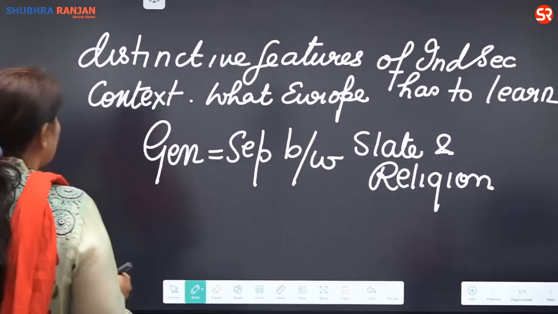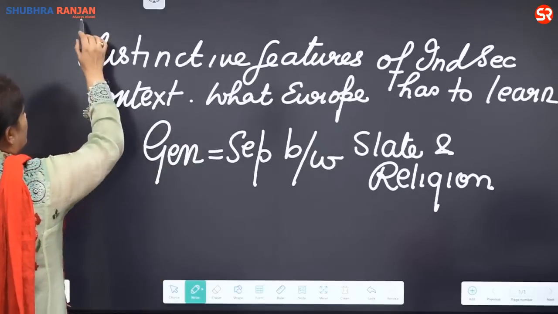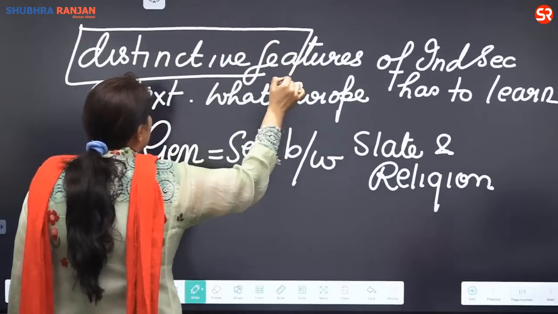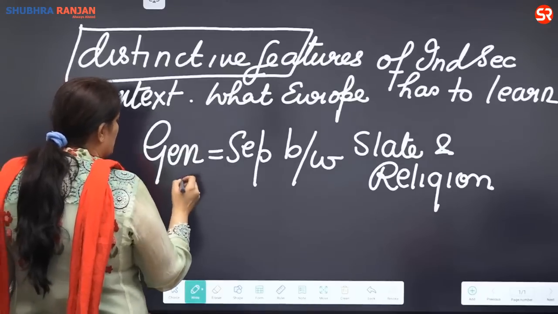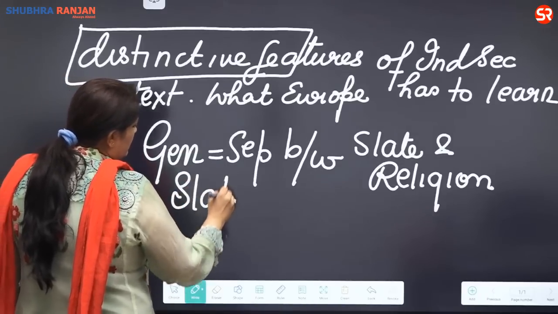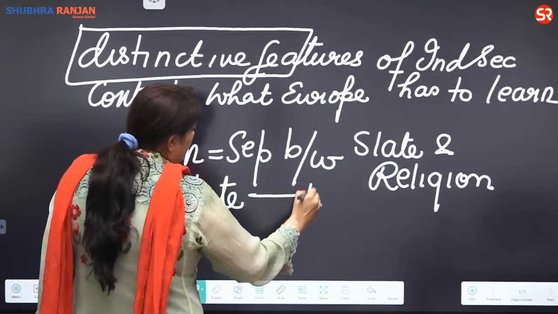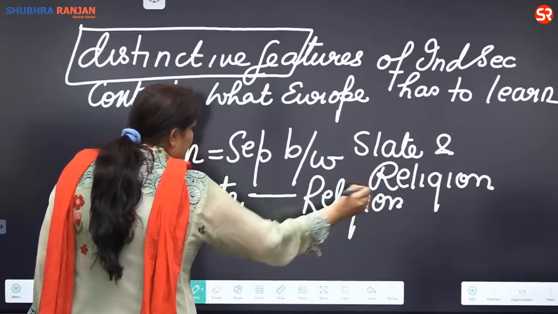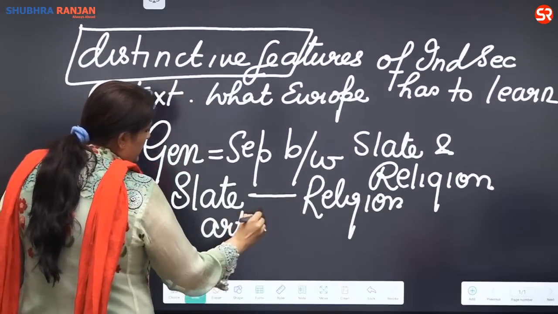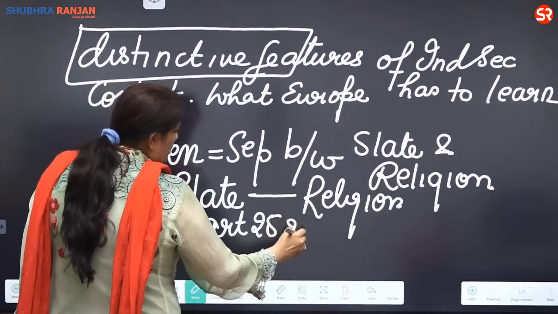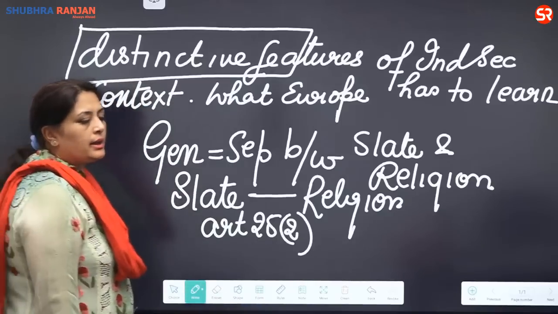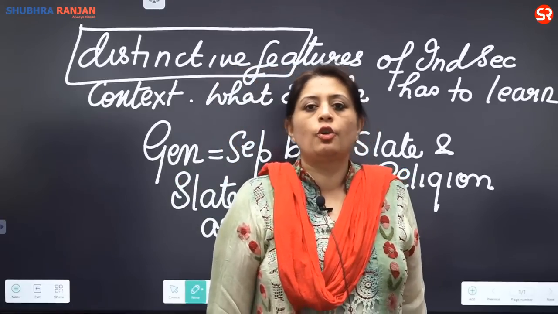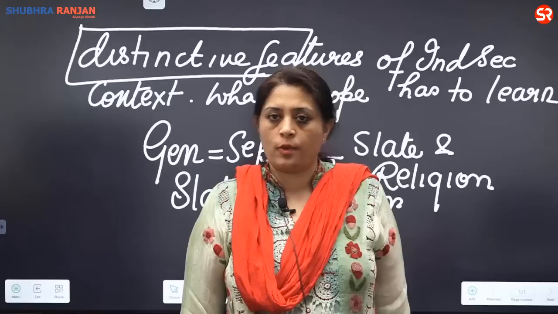Now what is the distinctive feature of Indian secularism? The distinctive feature is that there is no separation; rather, a state can intervene in religion. For example, if we see Article 25 clause 2, a state can intervene in Hindu religious customs for the purpose of reforms.